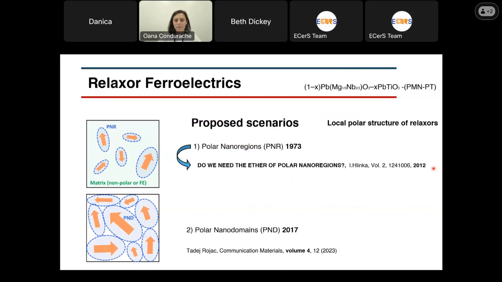From the very beginning of relaxer ferroelectrics, one model has been proposed, the polar nanoregion model. This model has been actively used in simulation for decades, but it is starting to be questioned whether or not we need it, especially because it does not come from a direct observation.